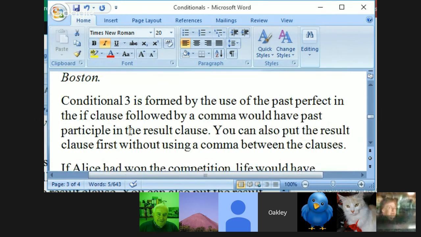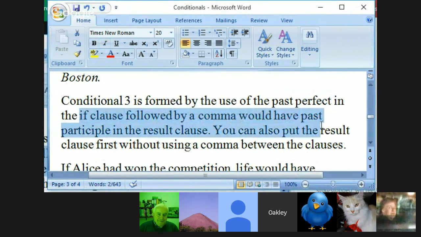Notice the form. It is formed by the use of the past perfect verb tense in the if clause, followed by a comma if the if clause is first. Then would have and the past participle in the result clause.